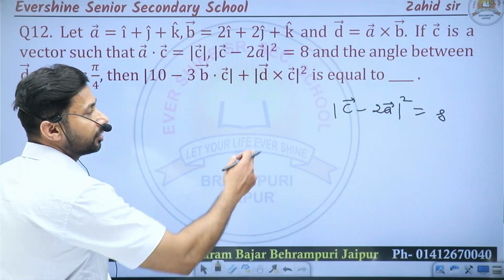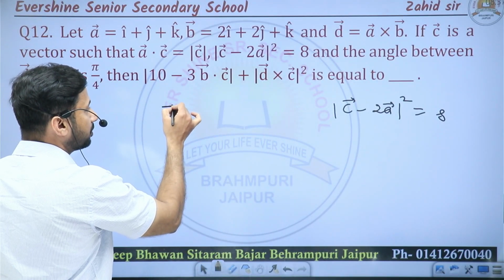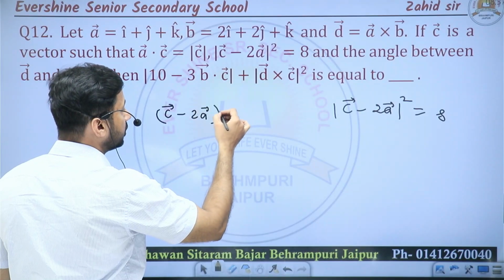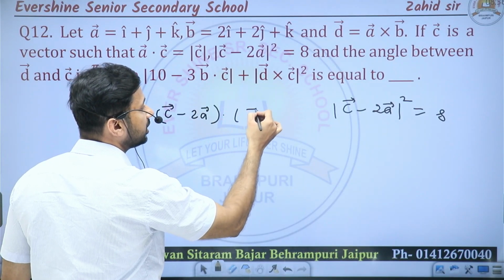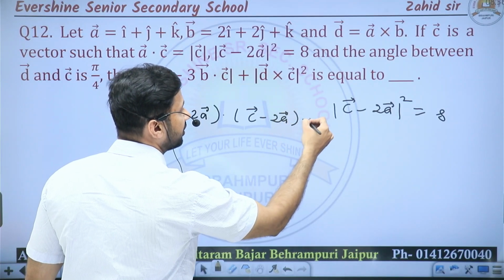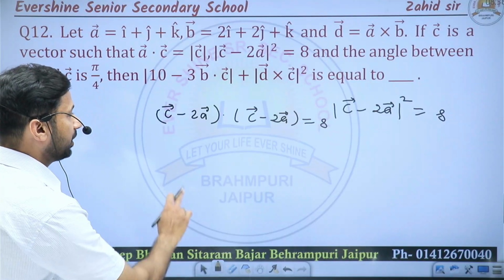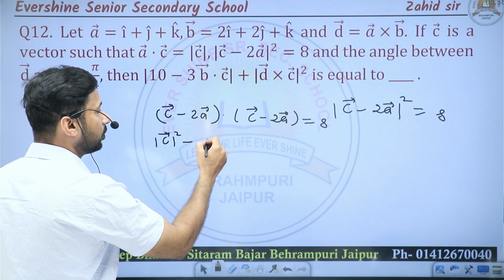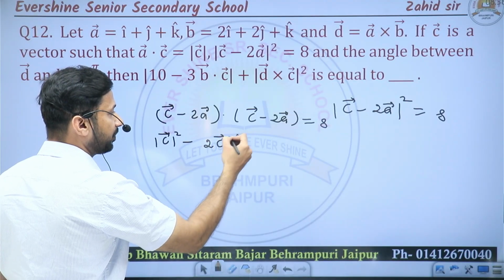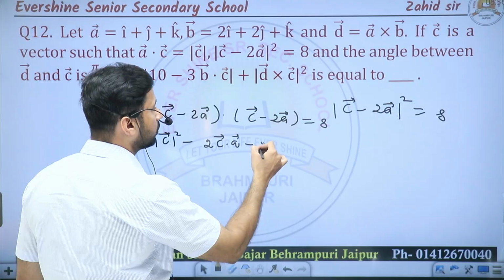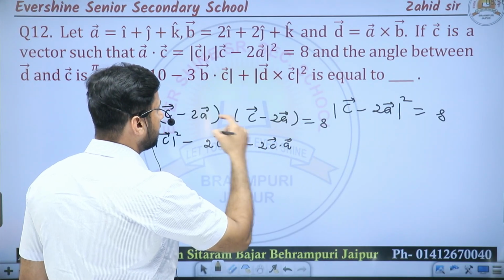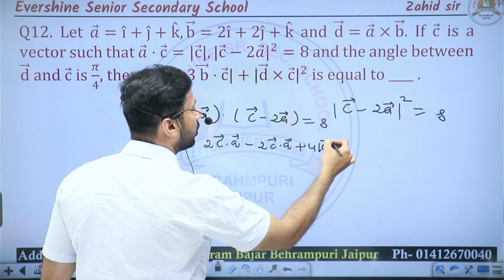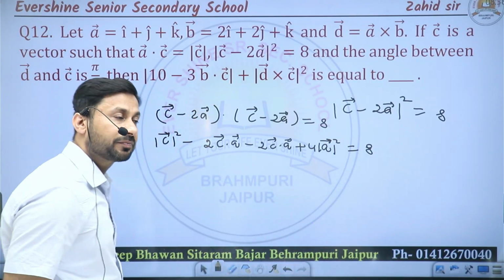Now how can we multiply them? I can apply the dot product of these two. So C minus 2A dot C minus 2A, which is equal to 8. Now multiply them. C dot C will be mod of C square minus 2 C dot A. Now for the minus 2 C dot A, minus of minus will be plus, 2 2s are 4, A dot A will be mod of A square, which is equal to 8.